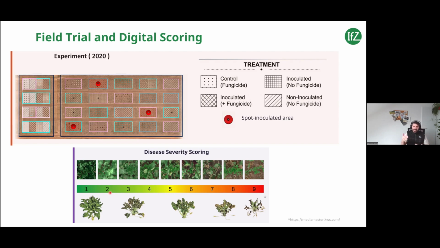The KWS scale was developed in the 70s but was not adapted for drones, and it does not show all intermediate classes. So we decided to fix that, finding images from the drone's point of view which match this description, and we base our field classification on that.